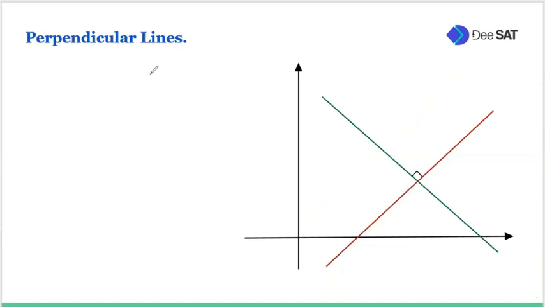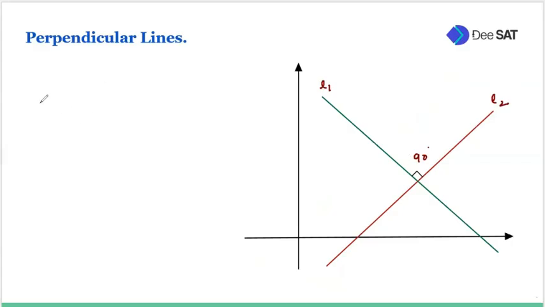Moving ahead towards the concept of perpendicular lines. For example, this is line 1 and line 2. Perpendicular lines are those lines in which, at the point of intersection, the angle made is 90 degrees. That means when they intersect, they form an angle of 90 degrees.